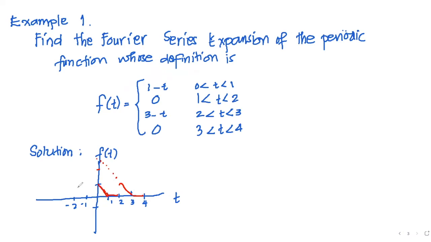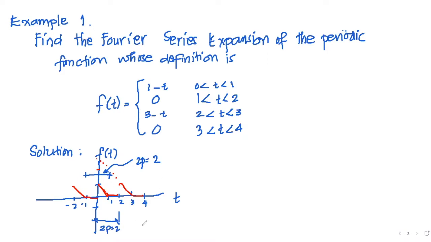Now take a look at the given periodic function. So observe whether this function is symmetrical with respect to the vertical axis or symmetrical with respect to the origin. Since you can see from 0 to 1, you have a function equal to 1 minus t, and from negative 1 to 0, you have a function equal to 0.